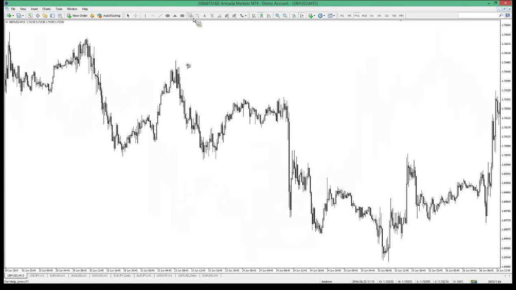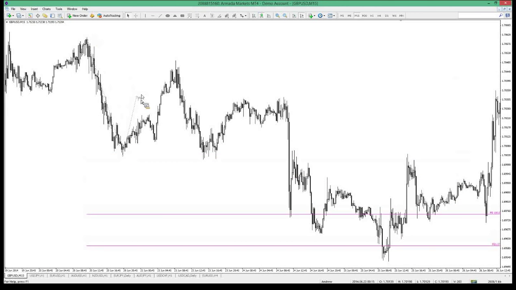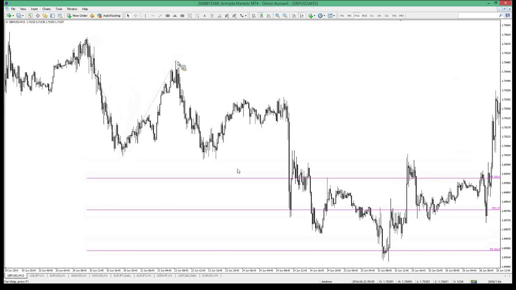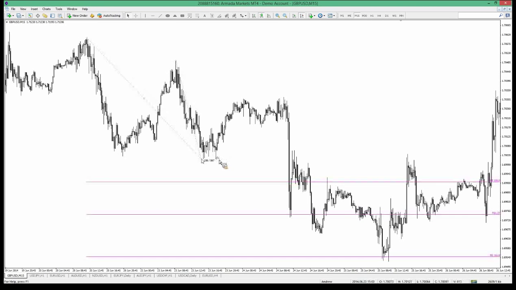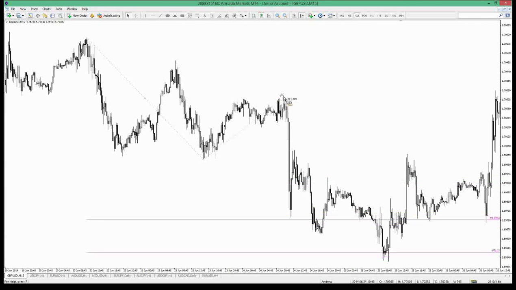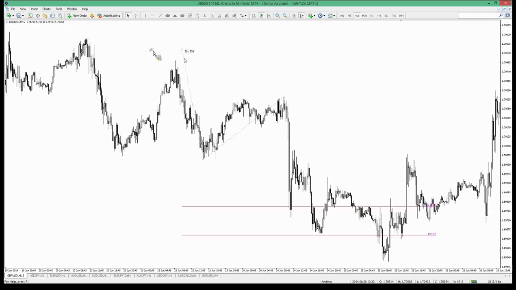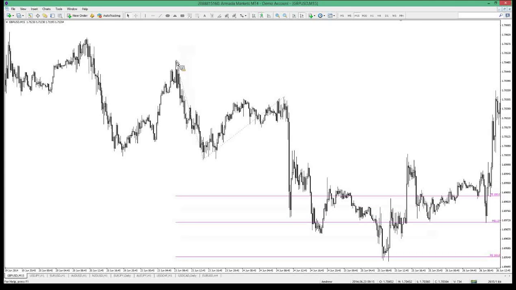Even on these big swings, from here to here to here, there's a 100% mark. And then if we look at this swing, from there to there to there to there, there's the 100% mark. Stalls out, comes right back up before drifting lower.